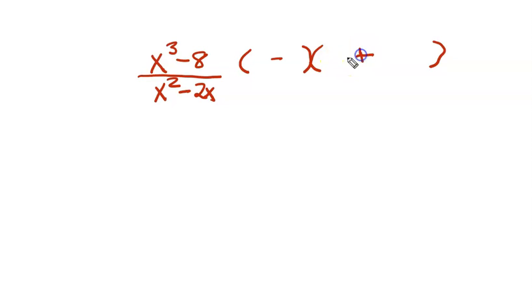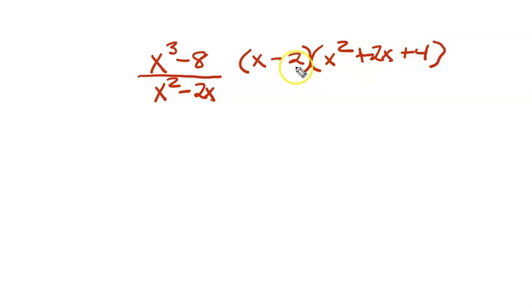So we set this up to factor. Now we take the cube root of this, which is x, the cube root of this, which is 2, and then continuing the recipe, we square this, multiply these two together disregarding the sign, and then we square this.